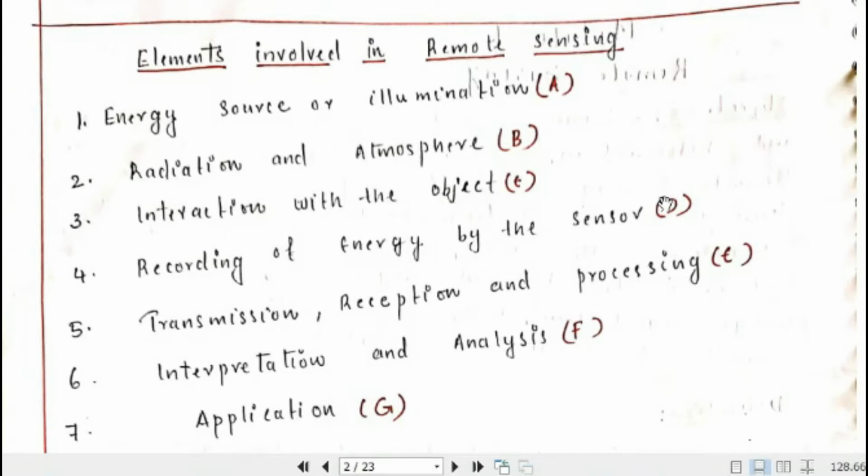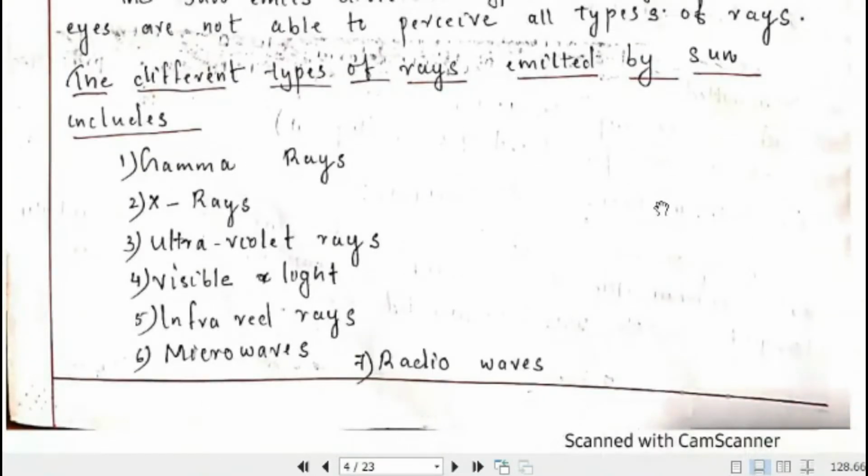Now, in detail, we are going to study about the energy source, as I said, which is the carrier of information for the remote sensing process. As we know, a total of seven rays are present in the sunlight, starting from gamma rays and ending with the radio waves. These all seven waves are arranged as per their wavelength and frequency and also speed. These arrangements of the light rays are called the electromagnetic spectrum.